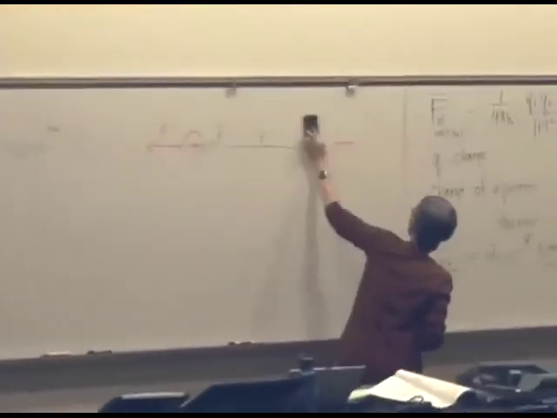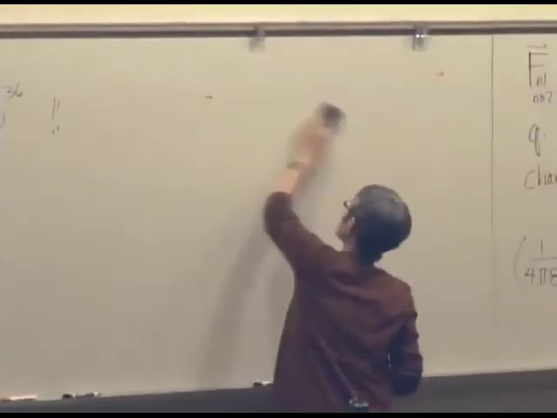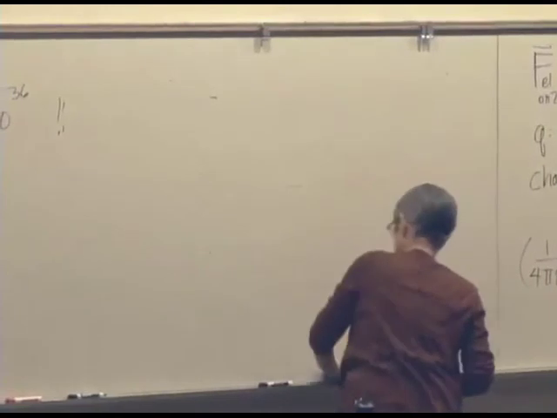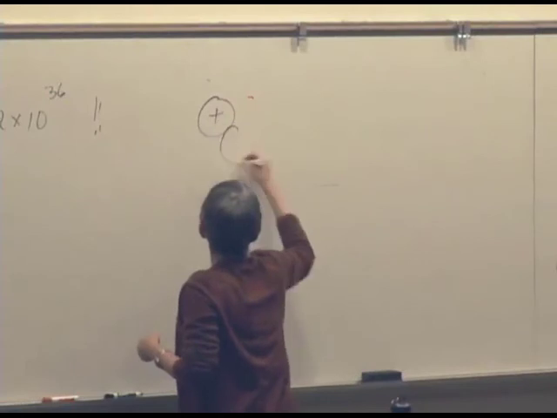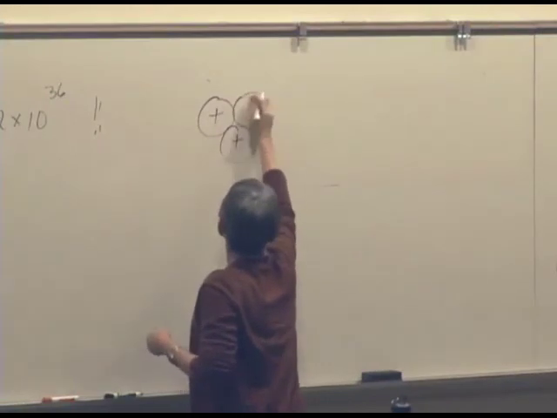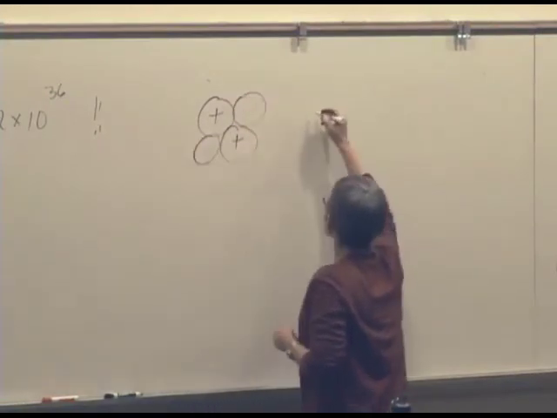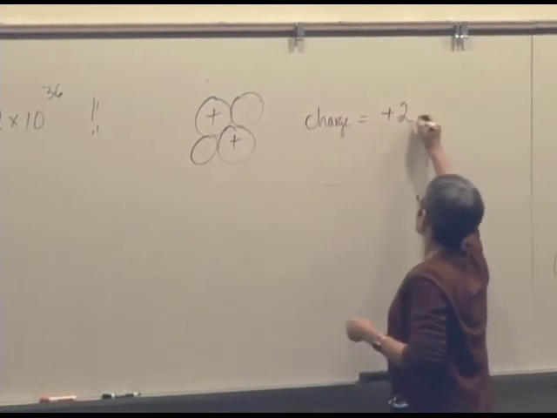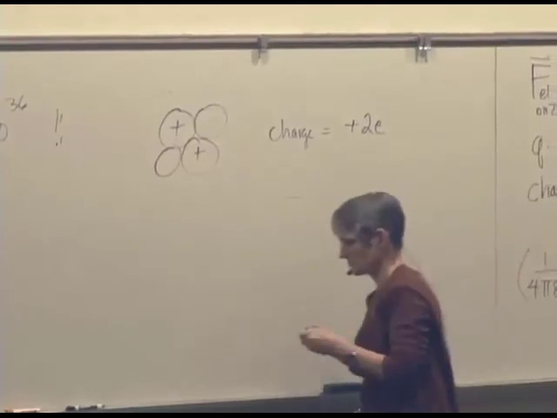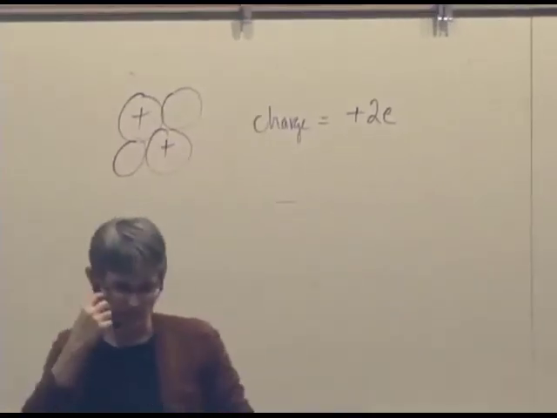So its charge is plus 2e, so 2 times 1.6 times 10 to the minus 19 coulombs.